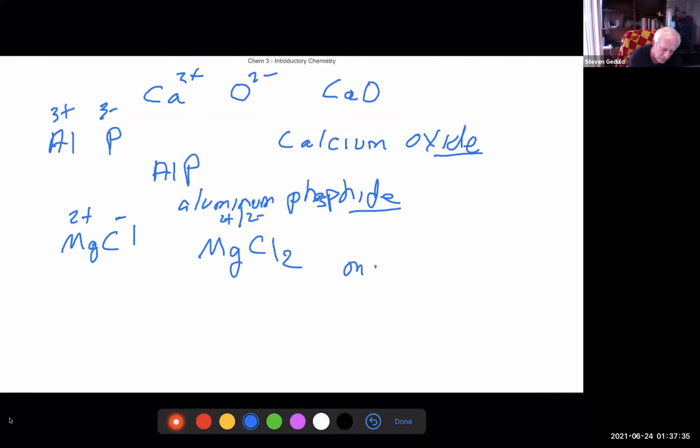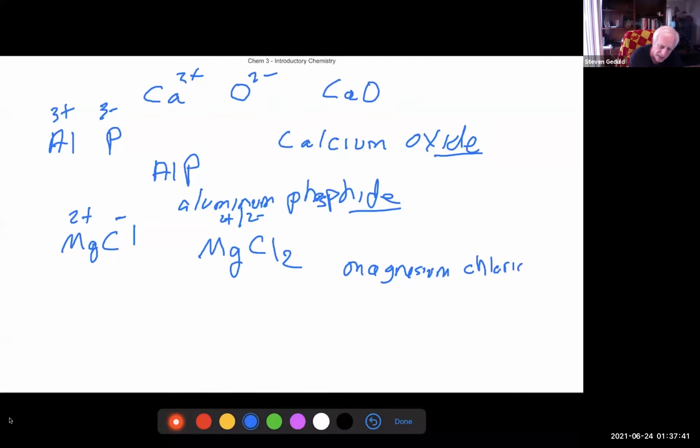Again, the metal just gets its name right from the periodic table. And then chlorine becomes chloride. The anion always changes the name to IDE. The cation is always first, the non-metal or the anion is always second. So magnesium chloride is MgCl2.